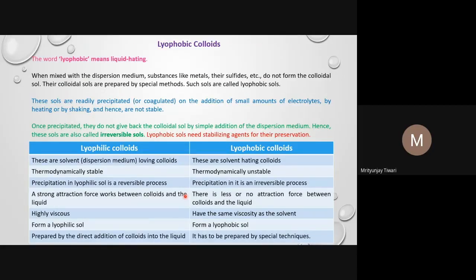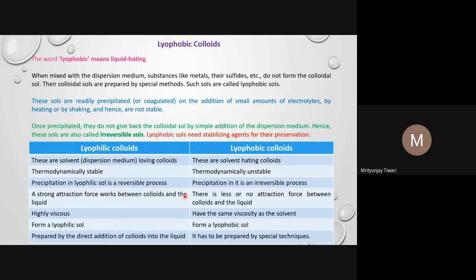Let us now look at the lyophobic sols. The word meaning, as we know, is liquid hating, and if the dispersion medium is water, it is hydrophobic.